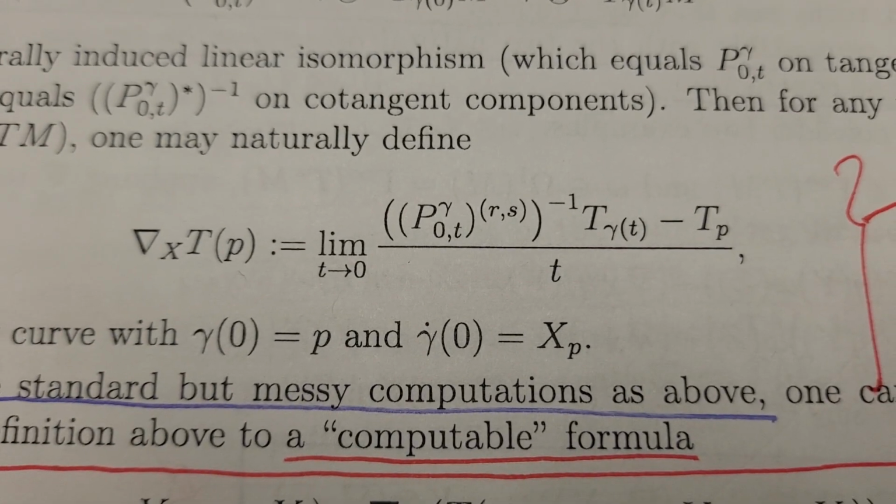Take the covariant derivative of a tensor field T in the direction X to be: we evaluate the tensor field at gamma of t, we parallel transport it back to gamma of 0 via the inverse P0t inverse, subtract the tensor field evaluated at gamma of 0, and then divide by t, and take this difference quotient, take the limit as t goes to 0, and that gives us the covariant derivative here, okay?